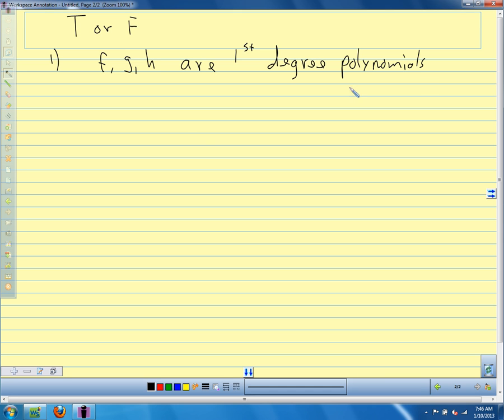And we have the curve given by x equals f of t, y equals g of t, and z equals h of t is a line. So we want to decide, is this true or false?